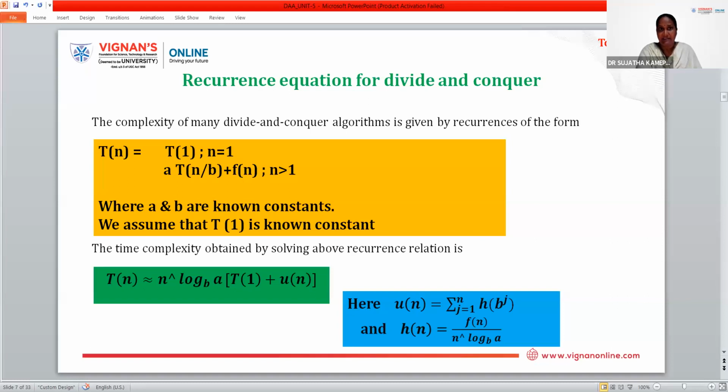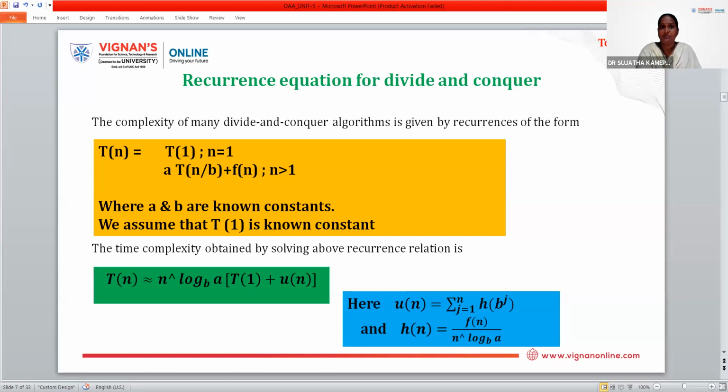So here the recurrence relation is used to represent the time complexity of solving a problem whose size is n in terms of the time complexity of smaller subproblems. Recurrence equations are essential for analyzing the time complexity of algorithms which follow the divide and conquer strategy.